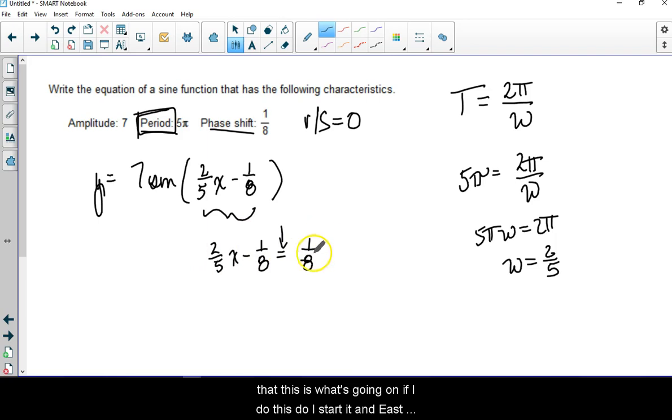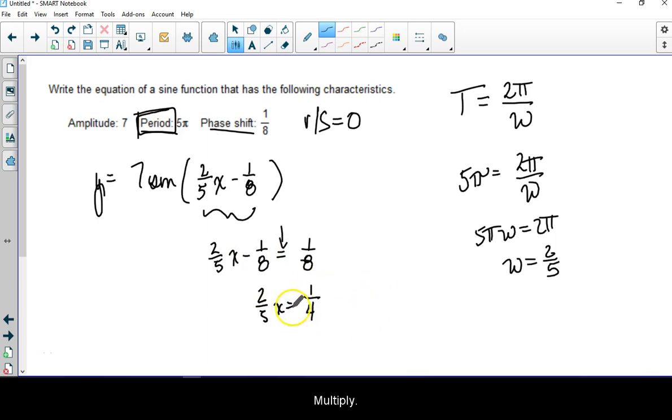If I do this, do I start at an eighth? No, you can see this right away. Because when you add this over, you get 2/8, that's a fourth. And when you multiply both sides by the 5/2, your x is going to be 5/8. Well, 5/8 is not 1/8.